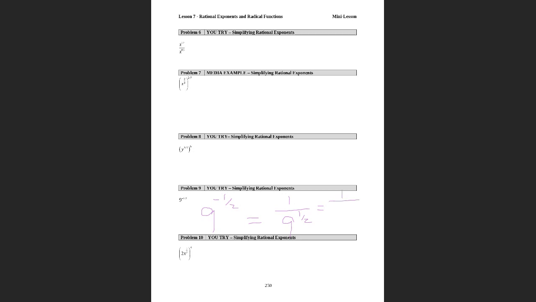So I have 1 over square root of 9, because I have the power 1 here. Square root of 9 is 3. So 1 over 3. So you see that this complicated number, 9 to the power negative 1/2, just comes to 1/3.